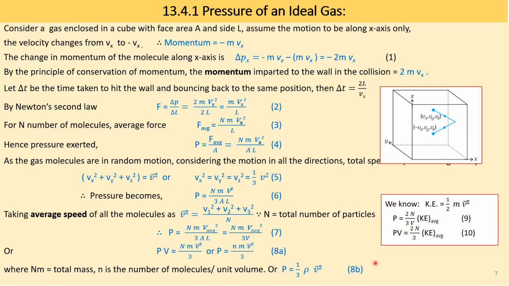Now we will calculate in terms of kinetic energy. We know that kinetic energy is given by the equation kinetic energy is equal to half into mv square, where v square is the velocity square.